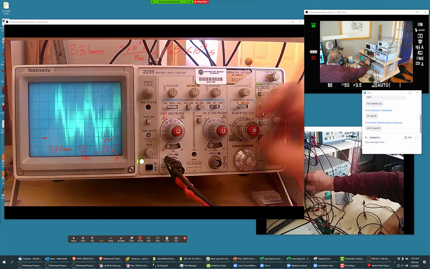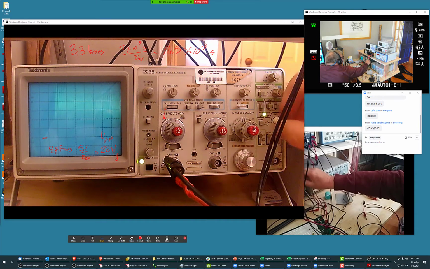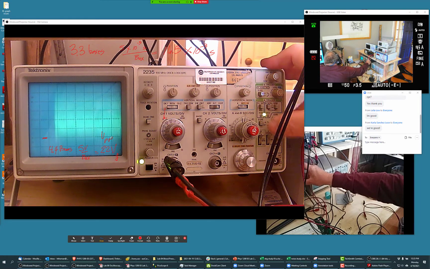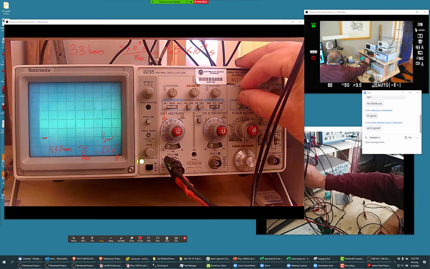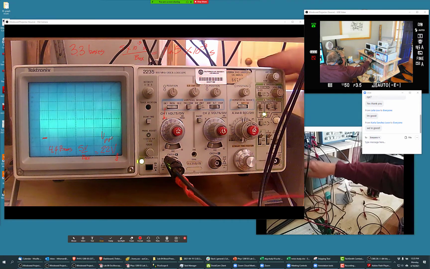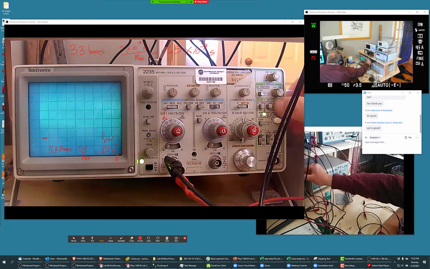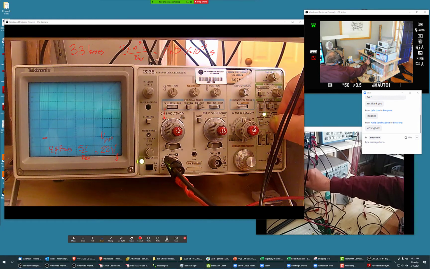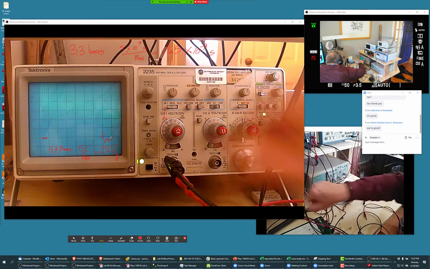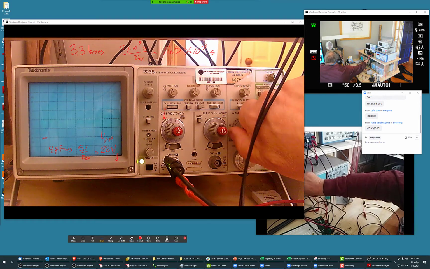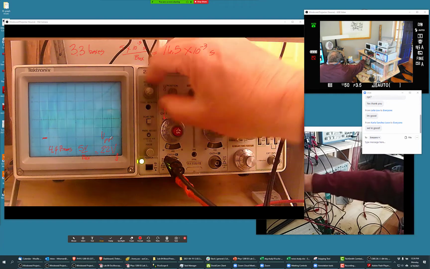Why do I care? Well, if I don't trigger, you see there's a lot of mess there. So what I can do is start to pick out the high spot of those 60 hertz sine wave, and then I can keep it focused on just that.